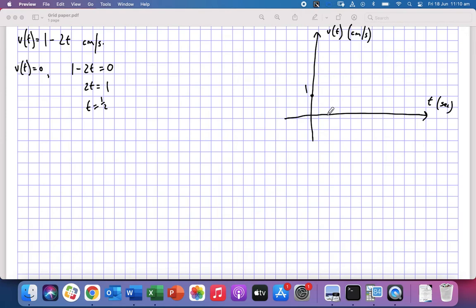I wish I'd drawn this a bit bigger now. I'll put it maybe in here. We've got this line. There's no negative time, so I can just start here and go down with my negative gradient. That's at 1/2. If they're asking what's the velocity at 1 second, I might change colour.